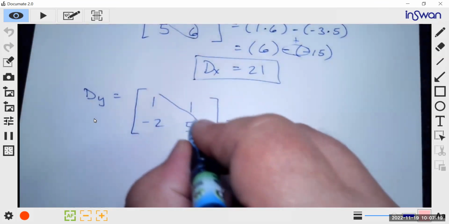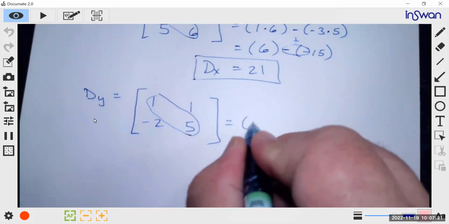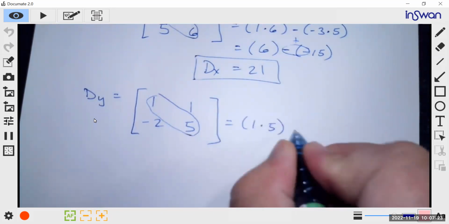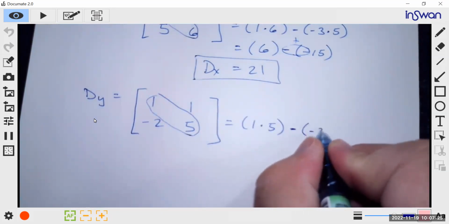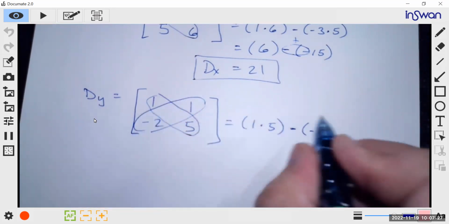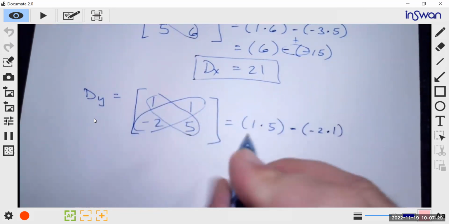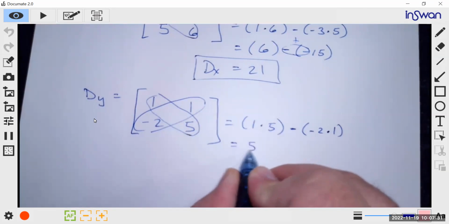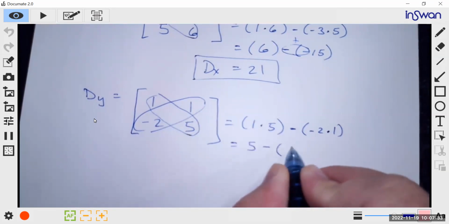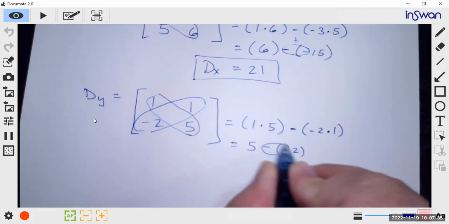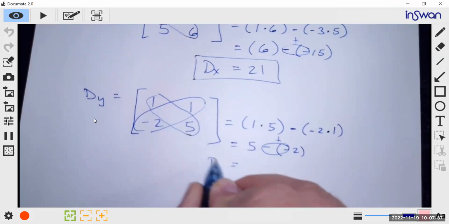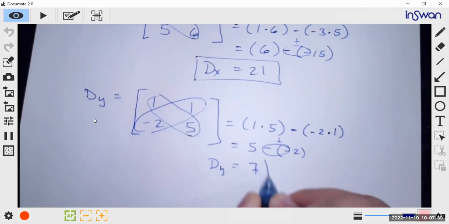One times 5 minus negative 2 times 1. 5 minus negative 2, that becomes a plus. So Dy is 7.